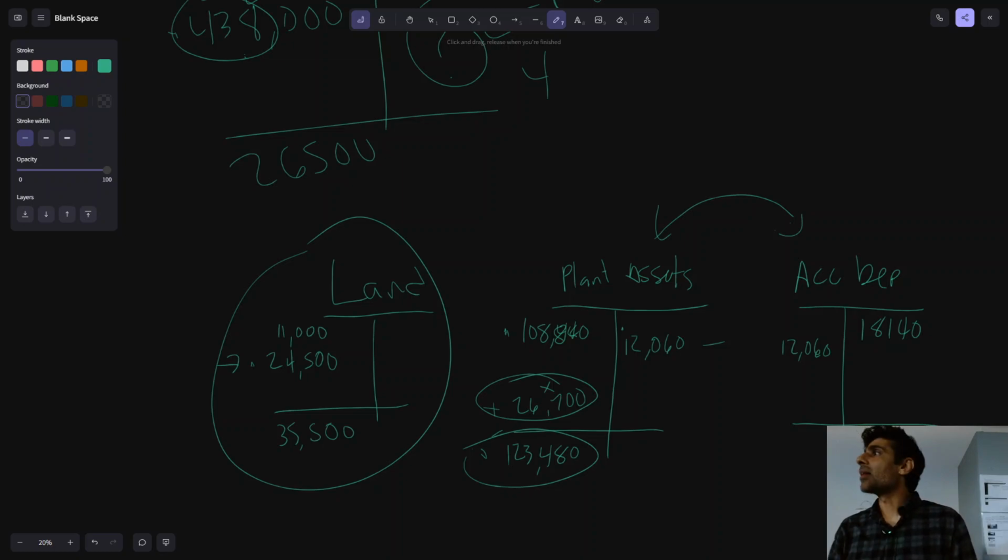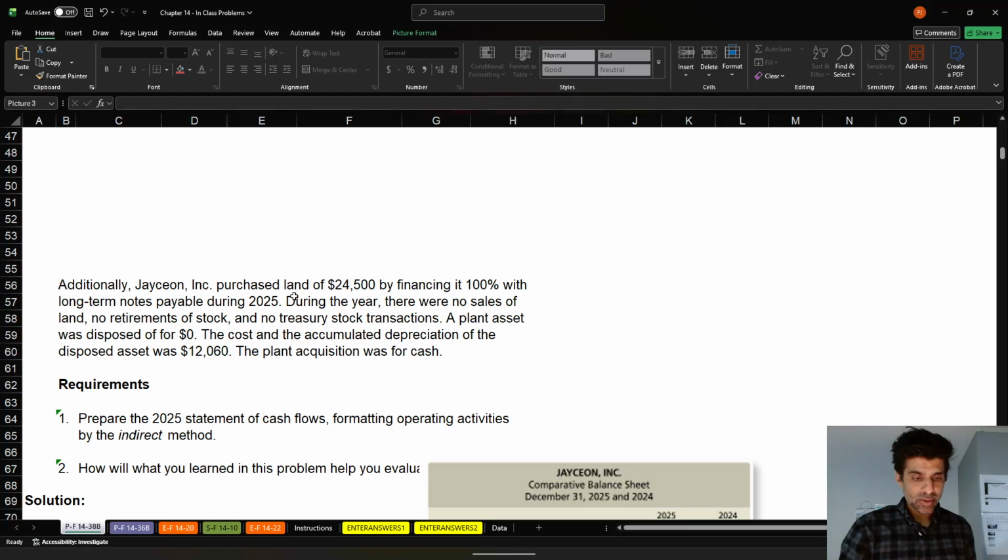Because we got $0 from that disposition. We just got rid of it. So there is no cash flow coming in from the disposal of assets. We just have really this cash flow of acquisitions. So we really only have one entry.